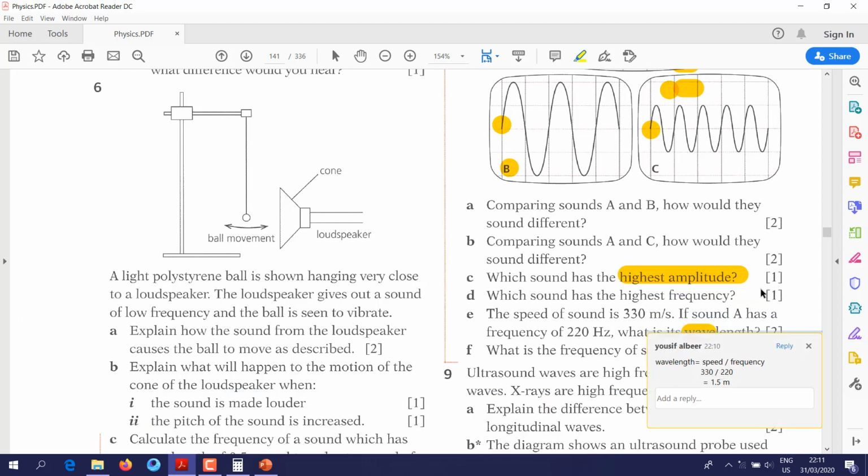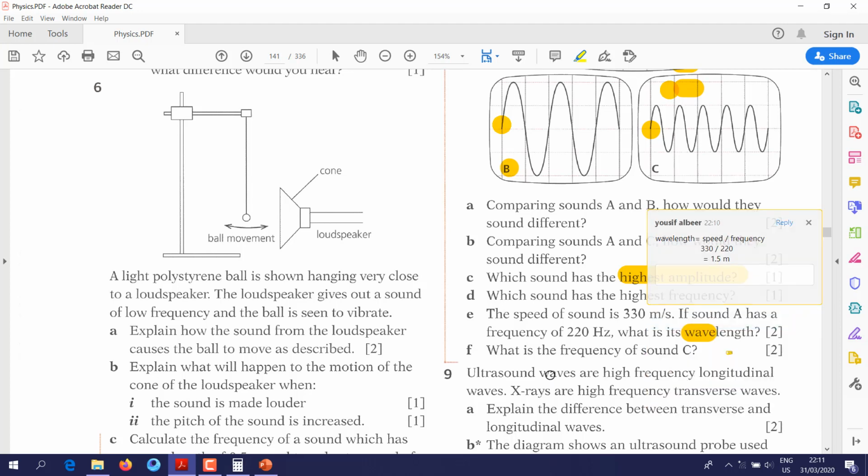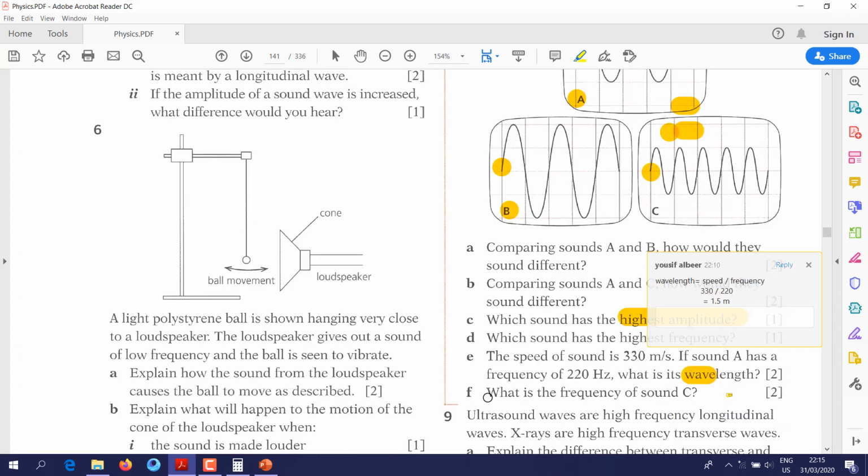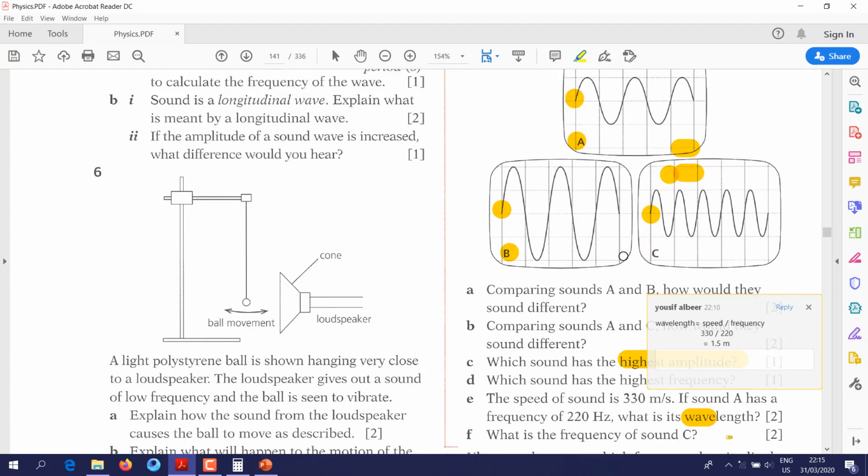Now F, what is the frequency of C? To find the frequency of C, we can simply find it depending on A. The frequency of A, how much is it?